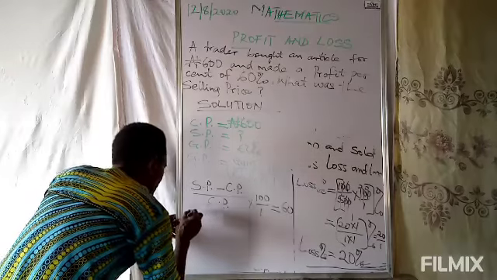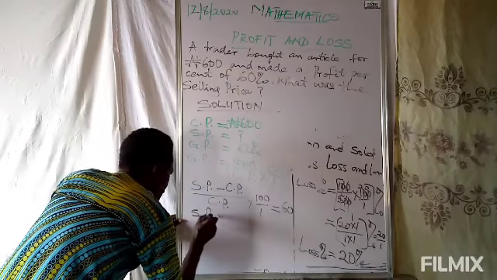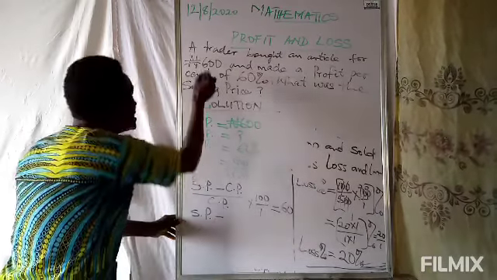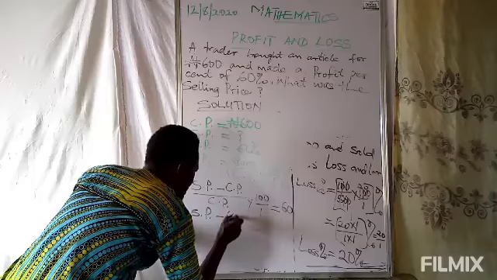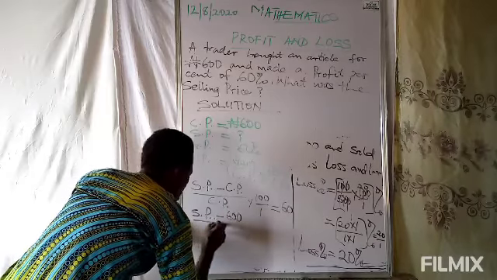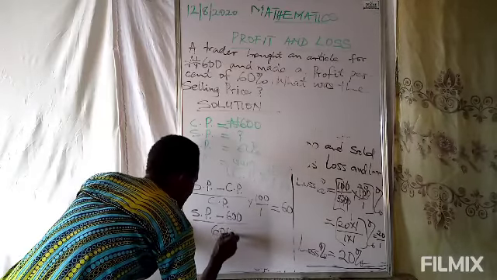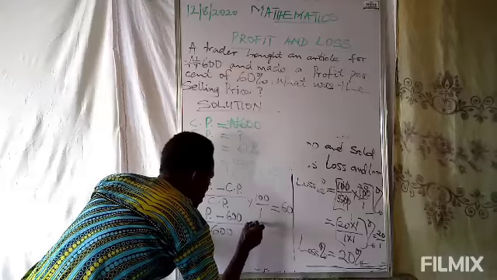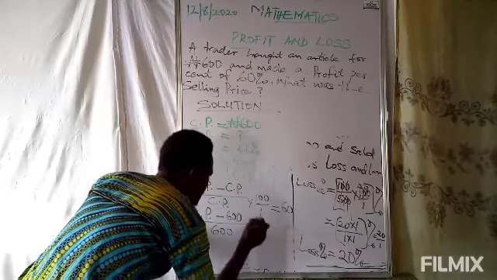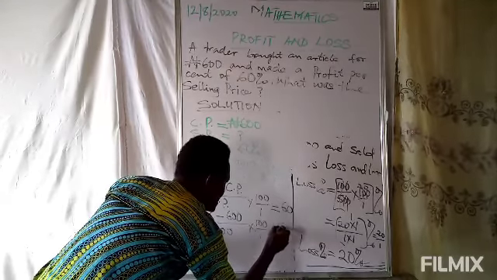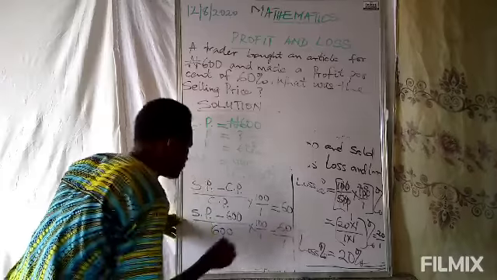So we have SP minus 600 naira, 600 all over 600 times 100 over 1 is equal to 60 over 1.